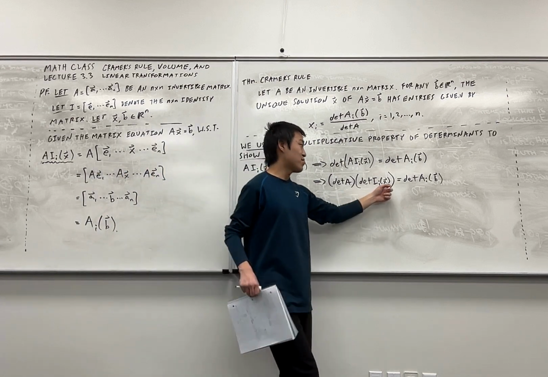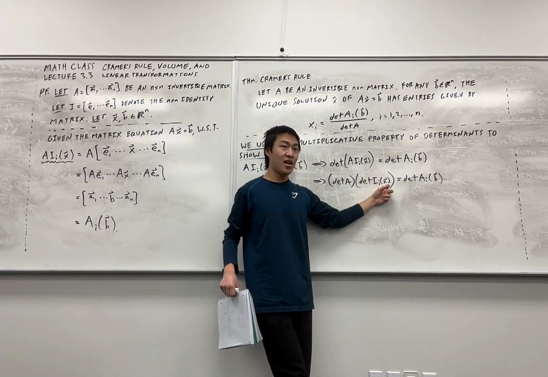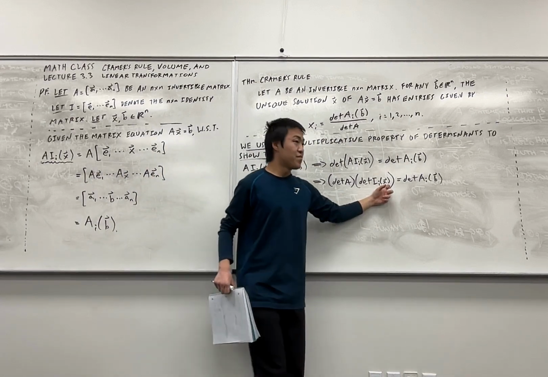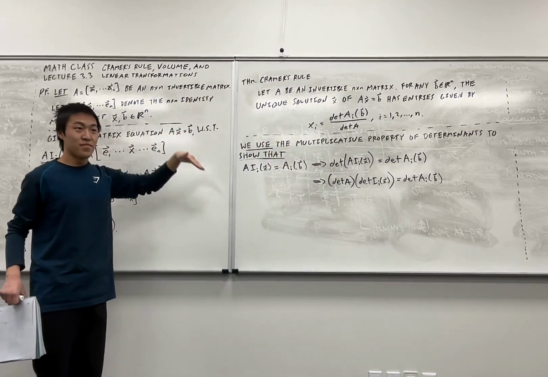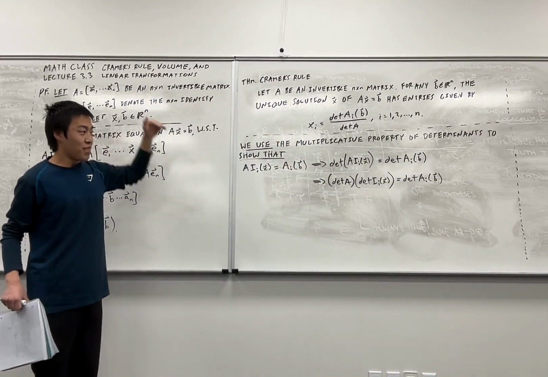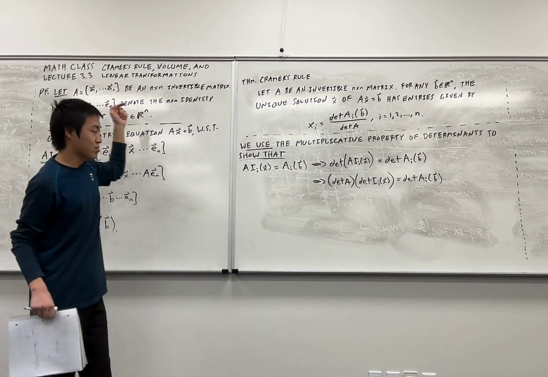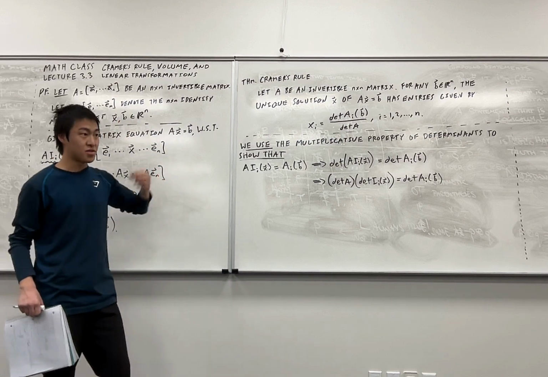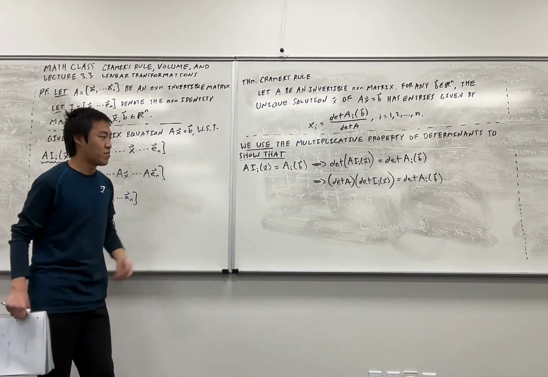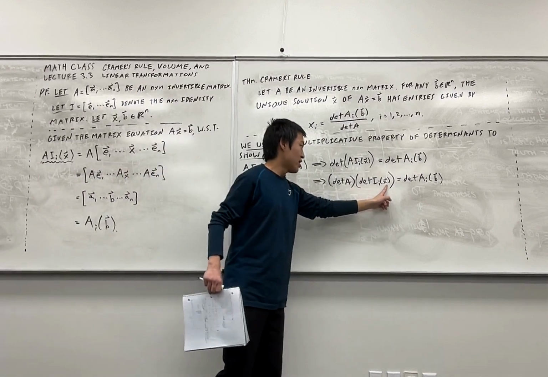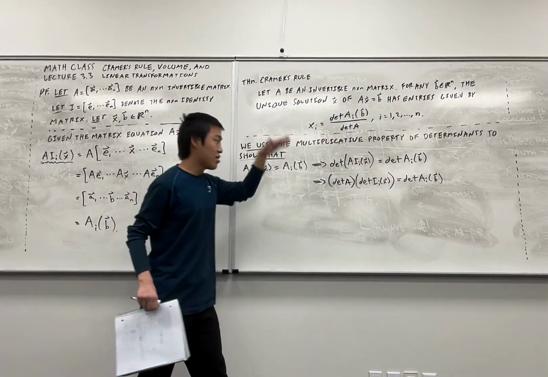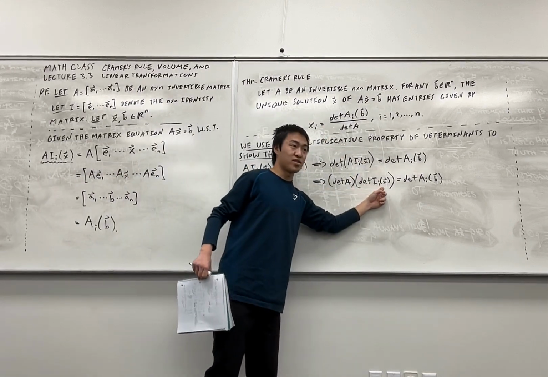What's the only thing that's been modified here? X. So the one entry of the vector column x that happens to be potentially not 1, that's falling on the diagonal, is just going to be 1 times 1 times 1 times that one entry from the x. And it's going to be specifically in the row corresponding to which column has been substituted.